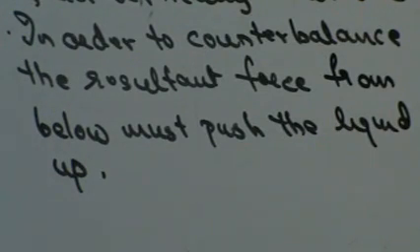Now, from this what we understand is that in the case of a plain liquid surface, there is going to be no difference in pressure on the two sides of the liquid surface. In the case of a curved liquid surface, there is going to be a difference in the pressure on the two sides of the liquid surface. The pressure on the concave side is greater than the pressure on the convex side.